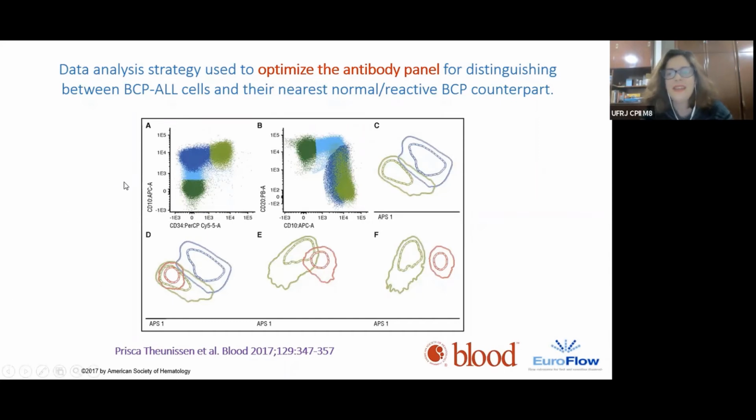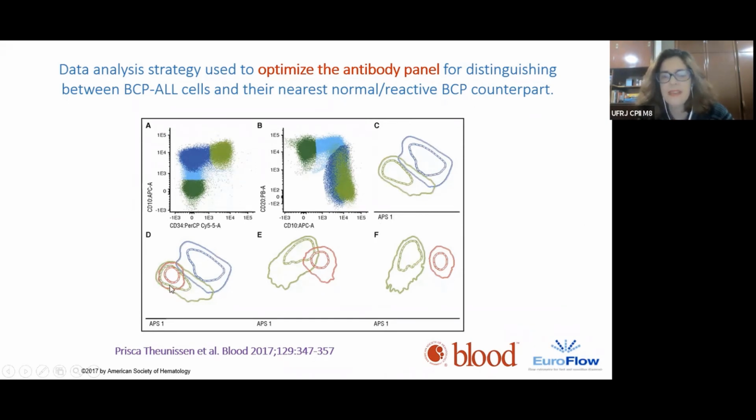So here we used a strategy to select our B-cell precursors and run a principal component analysis, just to separate the more immature precursors, CD34 positive, and the precursors CD34 negative, the normal precursors. After, we can fix this transformation without changes, and we can compare our case against these two populations.